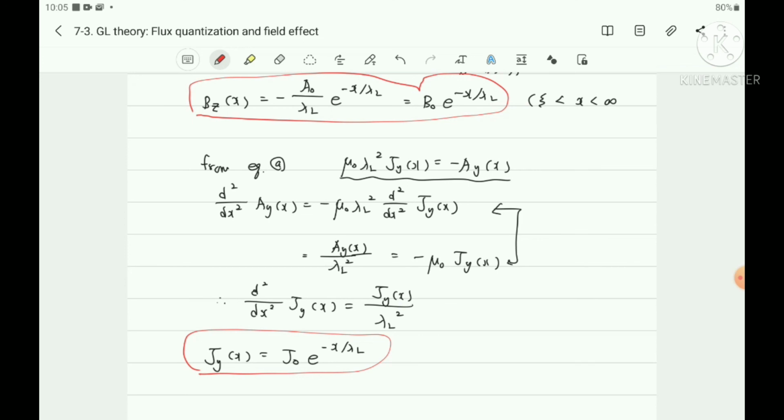We already calculated the London equation in terms of phenomenological theory. Anyway, the Ginzburg-Landau theory is also a phenomenological theory, but it considers the Gibbs energy, minimizing the Gibbs free energy, and all the parameter introduction gives the same result as the London equation.